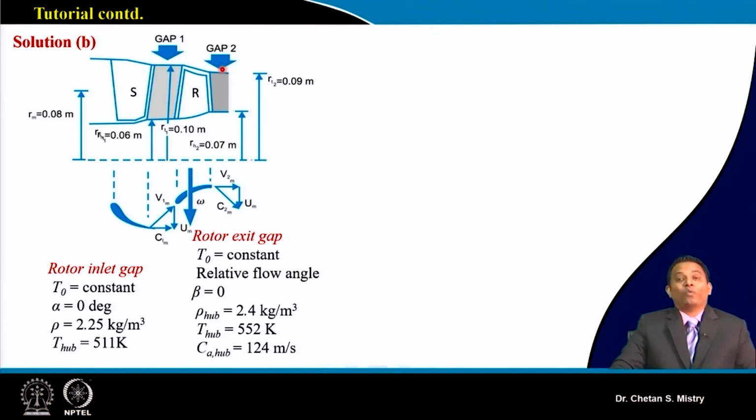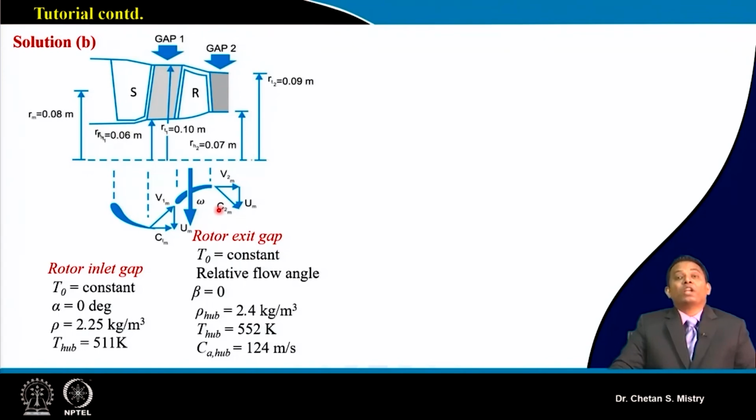Okay. Now we need to calculate what my static pressure at the tip will be. Here in this case we do not know the exit static pressure at the hub, and we don't know the exit static pressure at the tip. So the very first thing is we need to calculate our static pressure. We also need to calculate our critical velocity ratio.